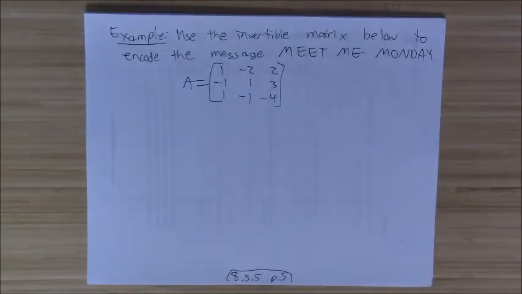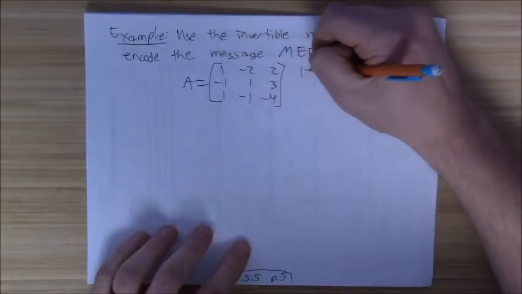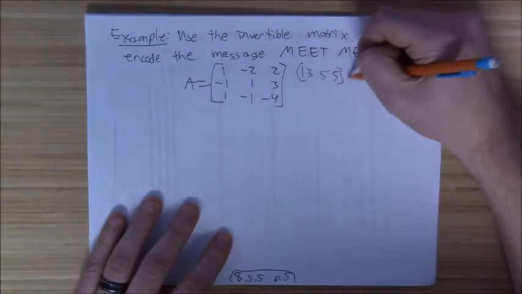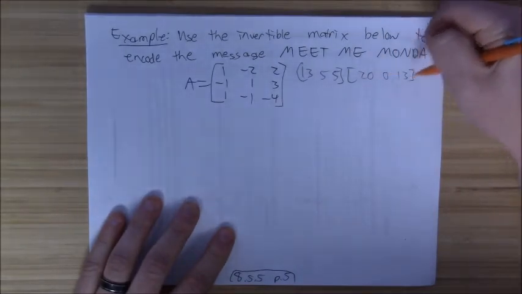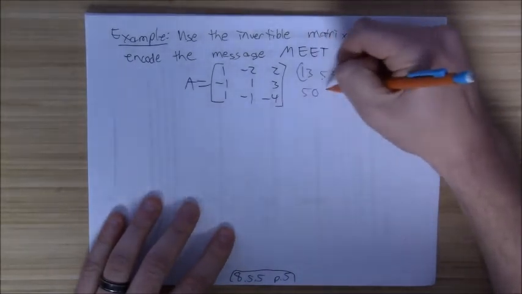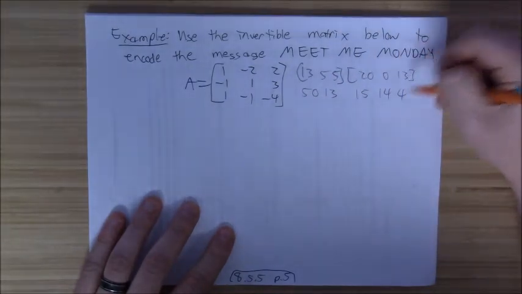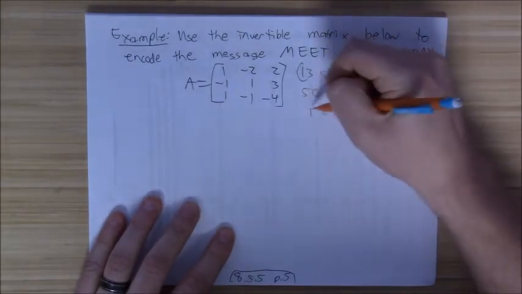So now let's use the invertible matrix below to encode the message, meet me Monday. If you'll recall from the first example, meet me Monday was given by 13, 5, 5, 20, 0, 13, 5, 0, 13, 15, 14, 4, and 1, 25, 0.